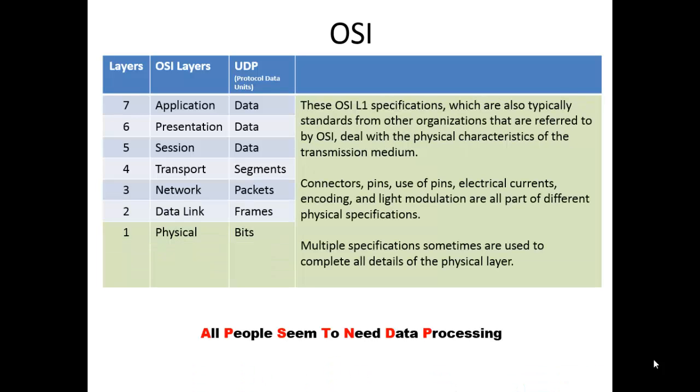The physical layer specifications deal with the physical characteristics of the transmission medium, such as connectors, pins, use of pins, electrical currents, encoding, and light modulation, which are all part of different physical specifications. Multiple specifications sometimes are used to complete all details of the physical layer.